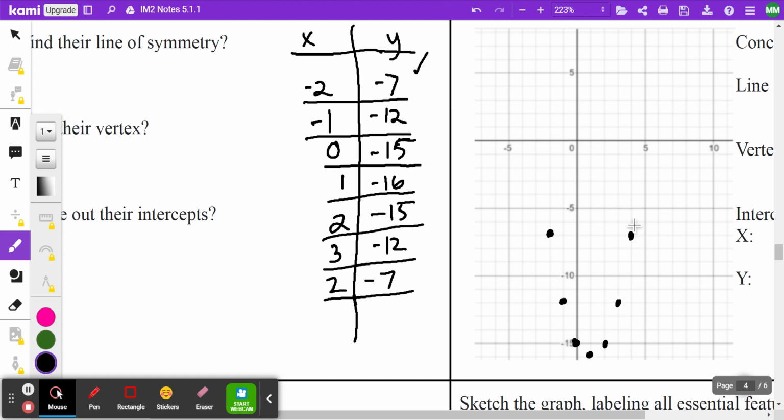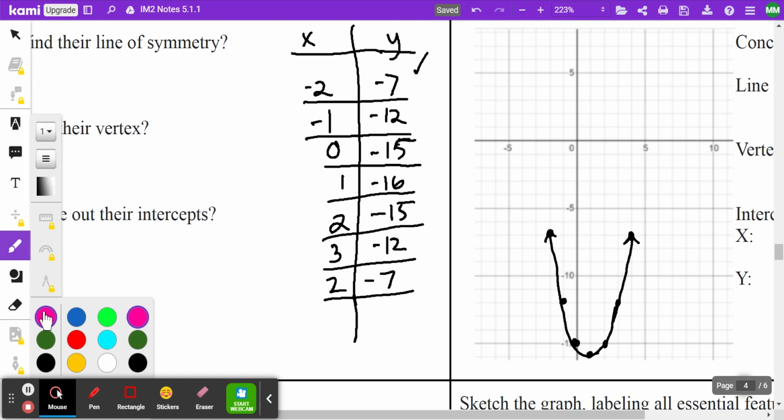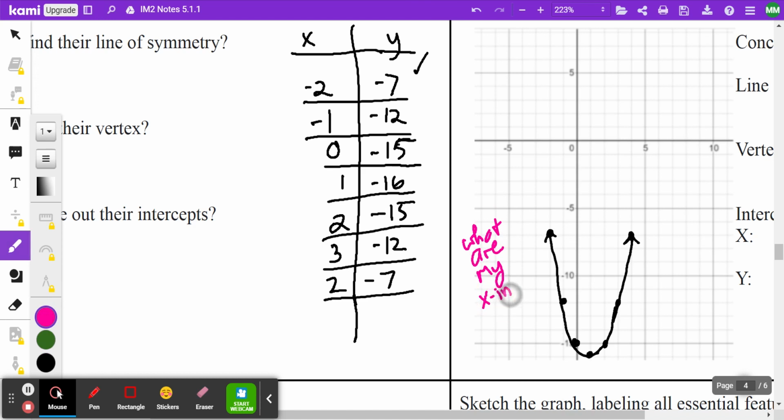And the reason I'm not done is because I have a parabola that opens up. I need to know, what are my x-intercepts? And since it opens up, I know that the arms will continue in this direction.